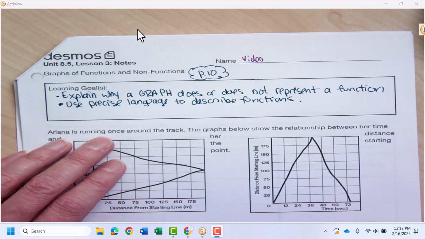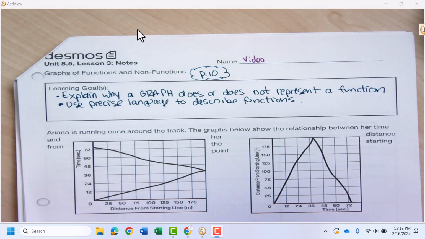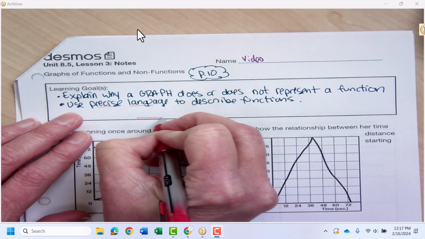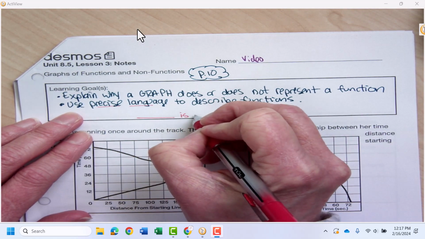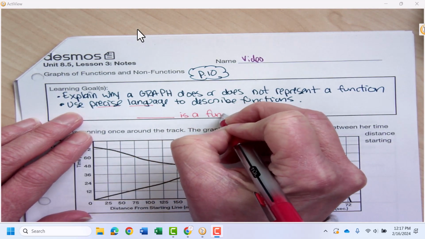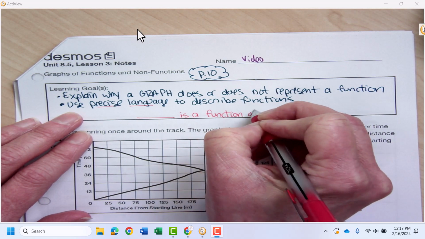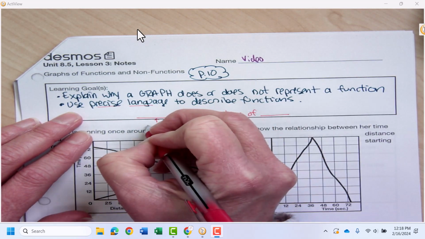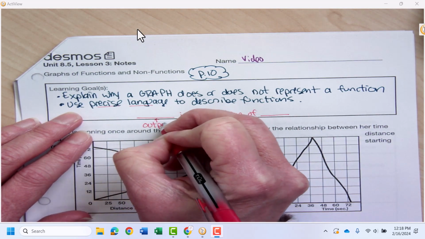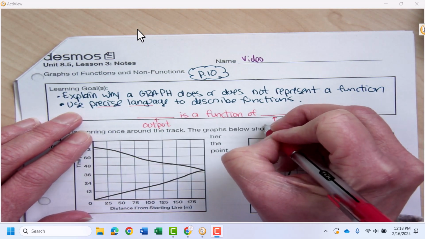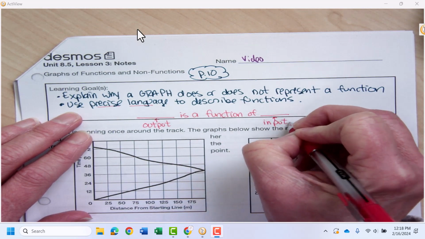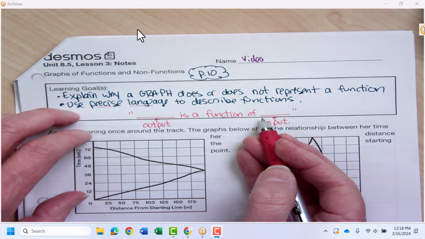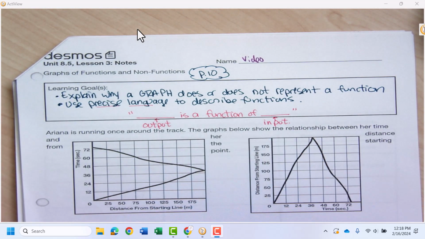And what you're going to hear me saying as I'm talking about this precise language is something is or is not a function of something else. This is going to be the output, whatever that is in the scenario, and we're going to finish with the input. So we'll come back to this language as we move through the lesson and talk about one thing being a function of another.